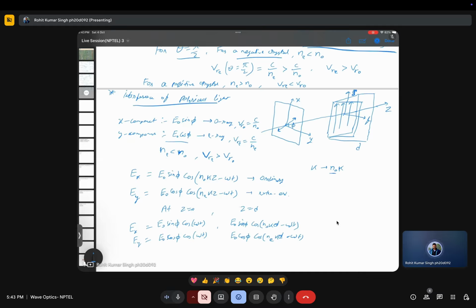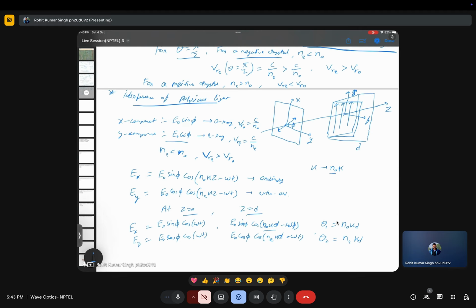And now you see, from going from 0 to d, there has been a shift of phase, right? But these two shifts are different. The phase shift here is theta O, NOKD, and the phase shift here is theta E, NEKD.